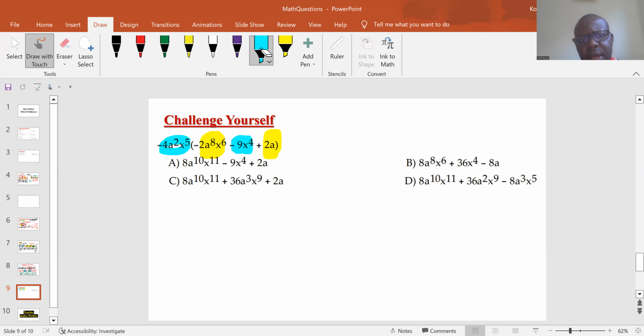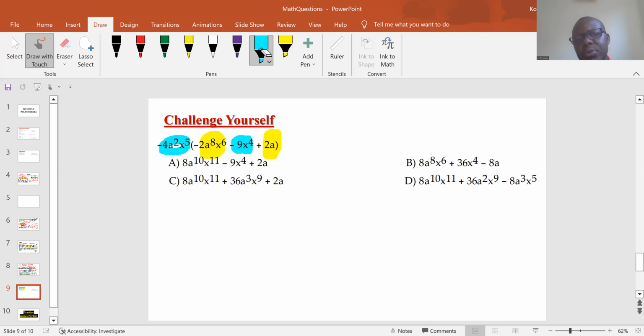So, when we take a negative 4 a squared x to the 5th power, multiplied by everything inside the parentheses, we'll do multiplication between numbers, multiplication between a or variables, and multiplication between x also, because a and x here are variables.